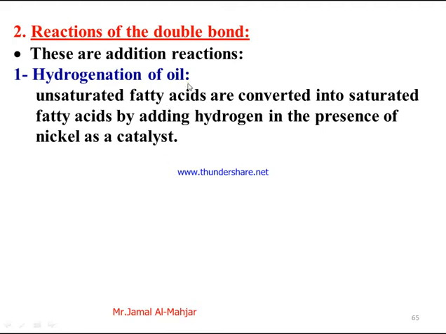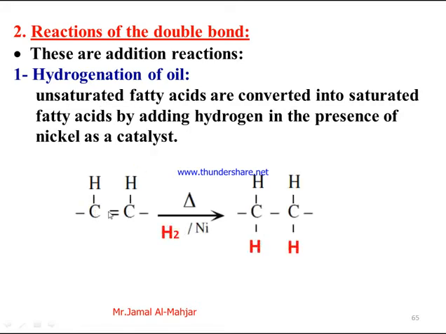In the oil, the fatty acid is unsaturated, meaning we have a double bond. So this is the double bond. When you add hydrogen, you have to break the bond and add hydrogen here and hydrogen to another carbon, because this bond has one end on one carbon atom and the other end on another carbon atom.